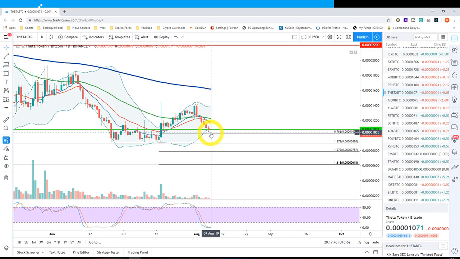So watch that area. If it can hold it, then think about taking a position. You're going to have some EMA resistance right in here, but still, this thing moves well enough that if it gets a little bit of volume behind it, it can bust through that no problem. And then maybe even come up and test the 200-day moving average.